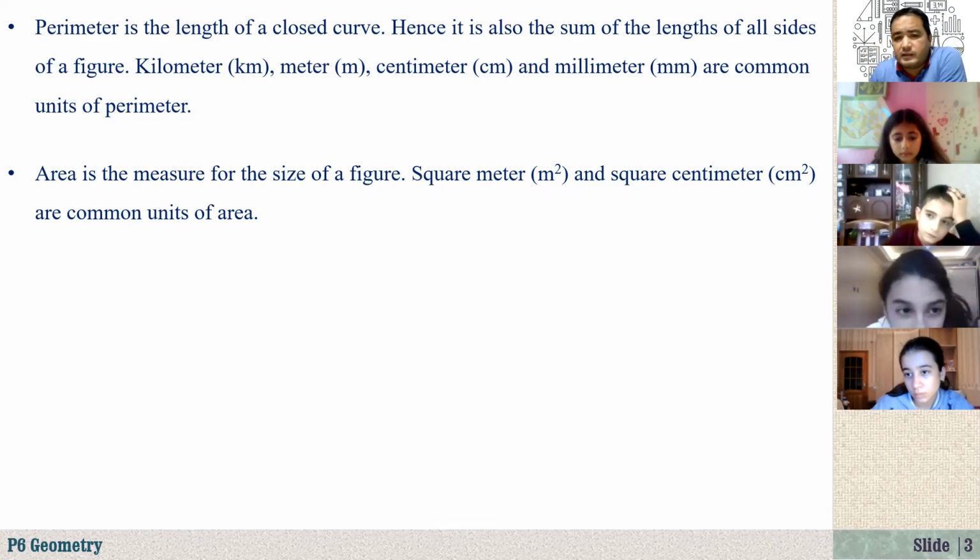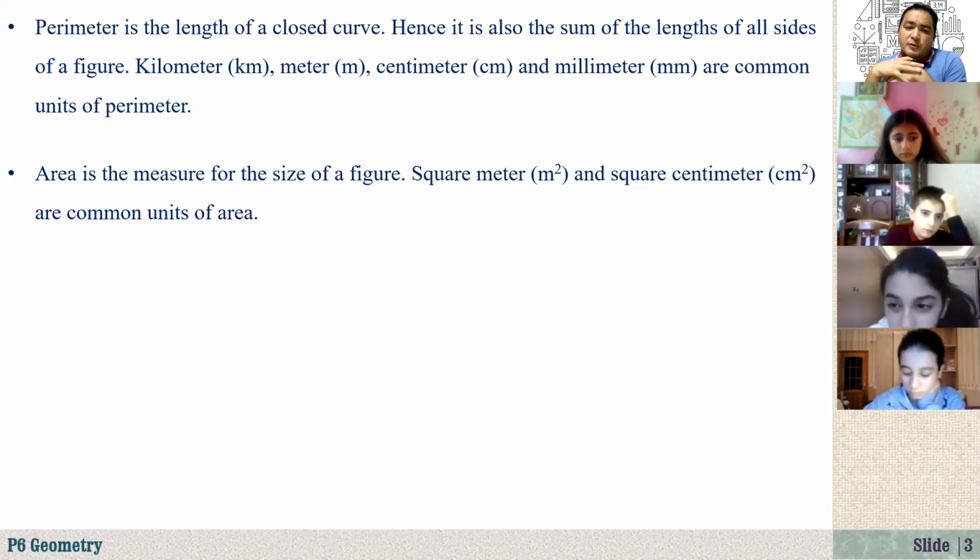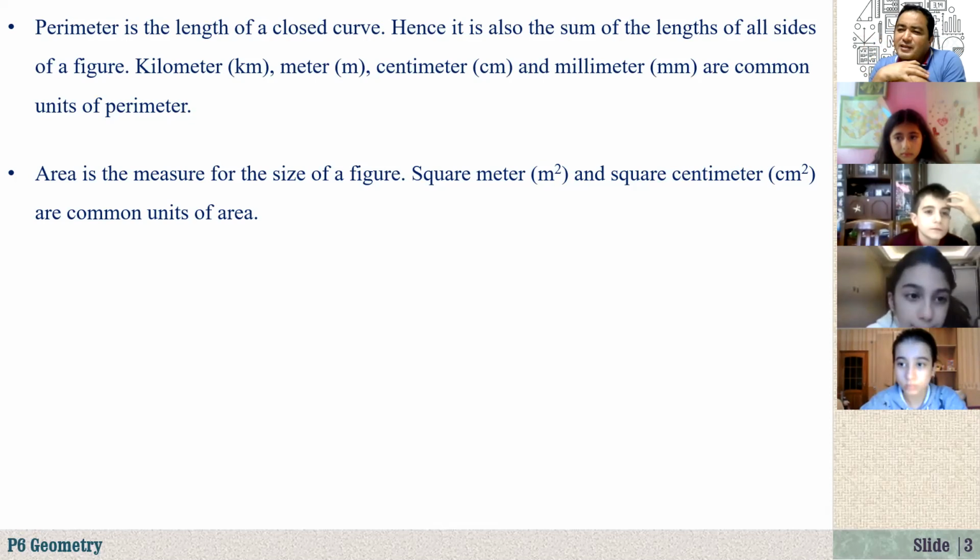Kilometer, meter, centimeter, and millimeter are common units of perimeter, since it's length. If you're talking about a big geometric figure, we use kilometer. Okay, Leila, can you give one example? When do we use kilometer? What kind of figures have perimeter measured in kilometers?